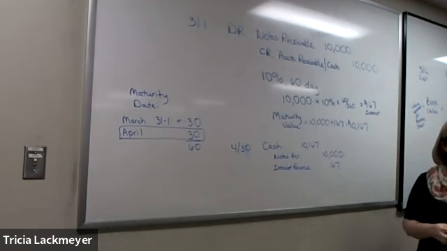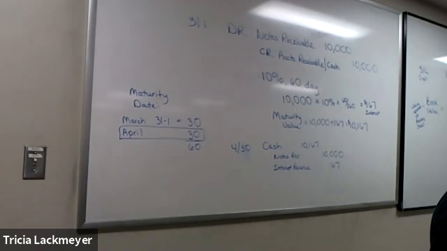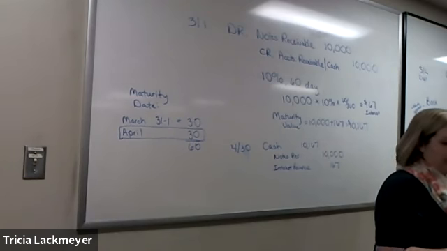So assets are reported on the balance sheet at their book value, cost minus accumulated depreciation. Remember, accumulated depreciation is a contra asset account too, so it increases on the credit side. It's really just a placeholder for the decline in value of your asset. So cost minus accumulated depreciation is your book value, and that's what's reported on your balance sheet.